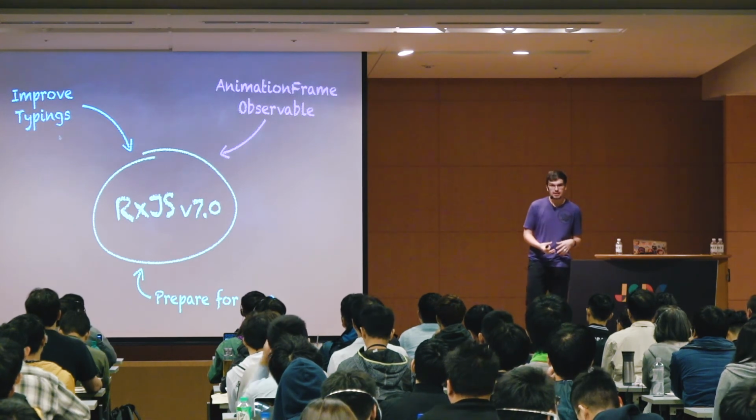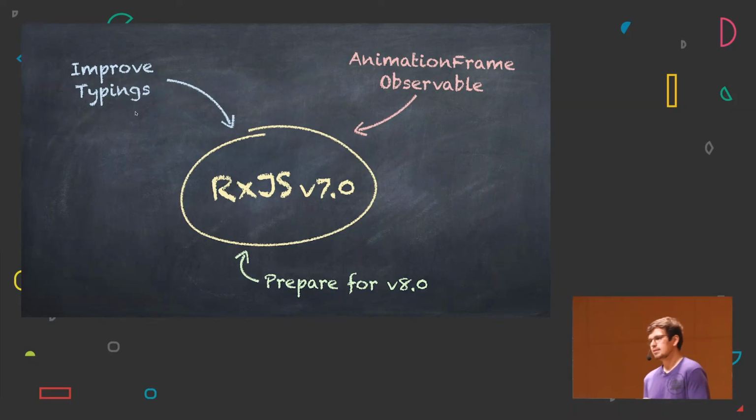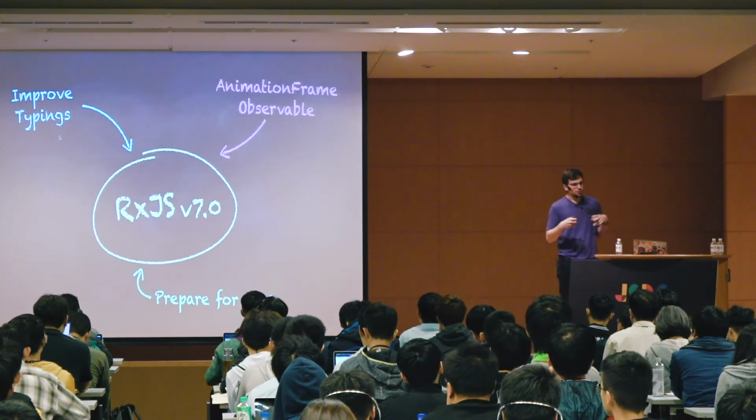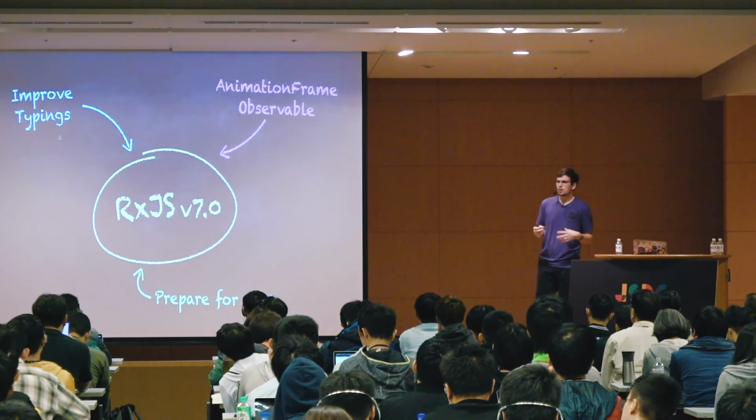For RxJS 8, we are expecting to reduce the bundle size of RxJS and improve the performance, difficult word. By improving the performance, we could expect that without such an intermediate step in between, we would break more people. Therefore, to make the migration more seamless, we make some of the changes now with RxJS 7 already. And for the next version, you can look forward to a smaller bundle size and better performance.